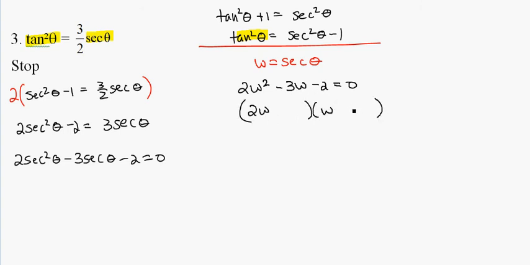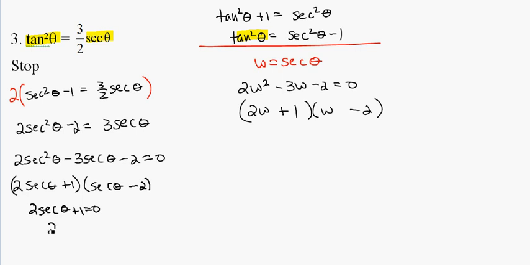I want a negative 3 in the middle, so that's minus 2 and plus 1. So therefore I can rewrite this as 2 secant theta plus 1, secant theta minus 2.